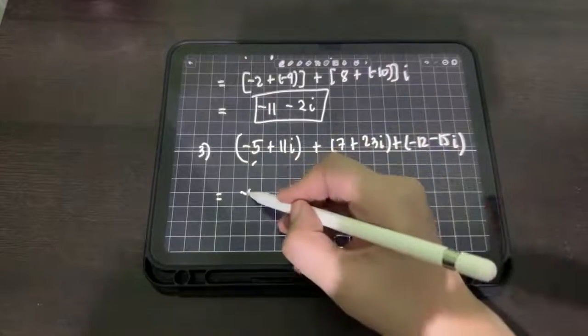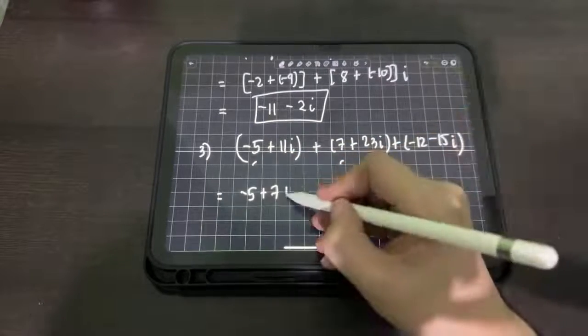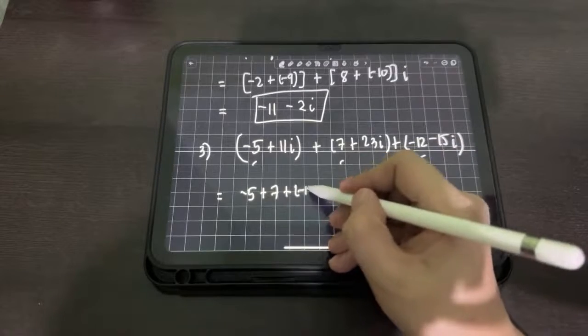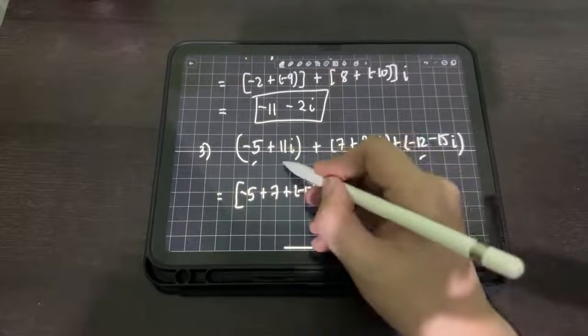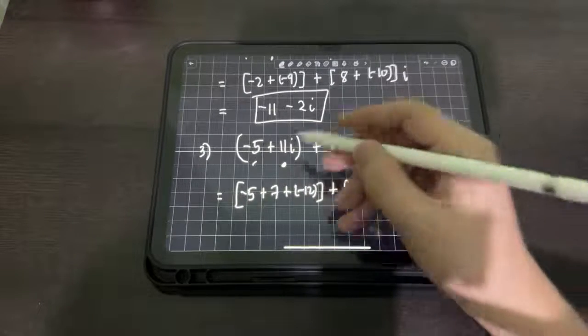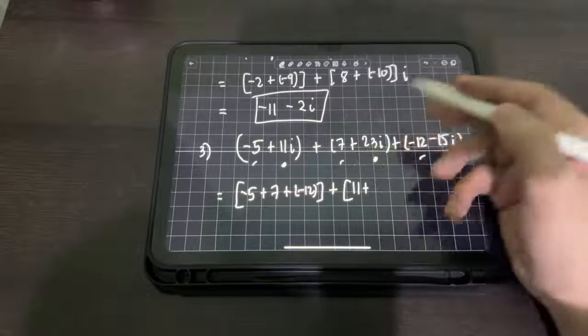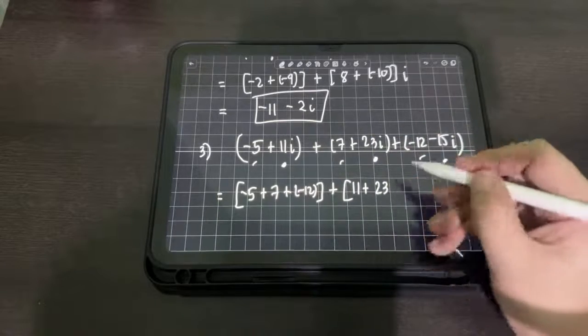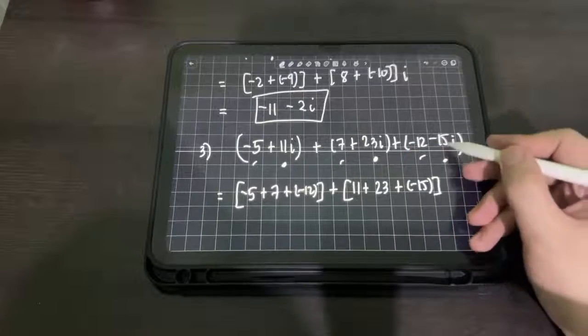We have negative 5 plus 7, then plus negative 12, plus, let's also combine the imaginary parts. We have positive 11 plus 23, then plus negative 15i.